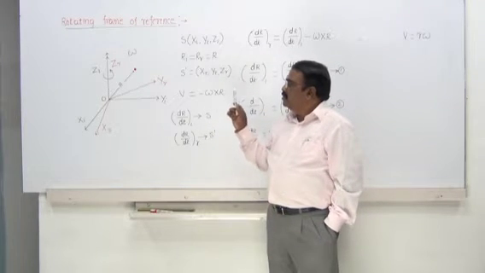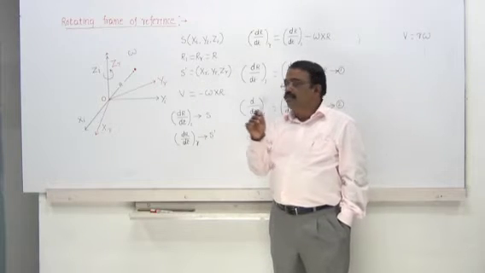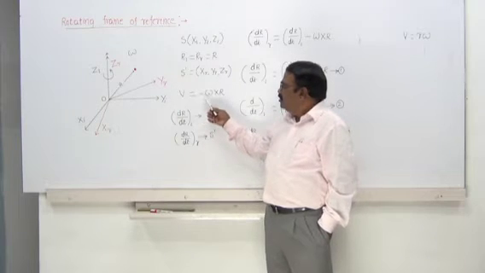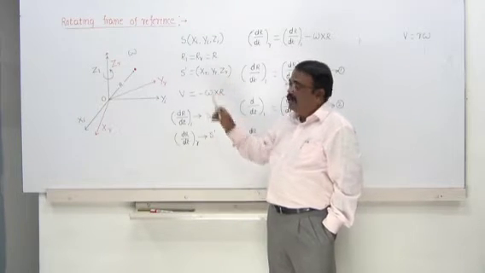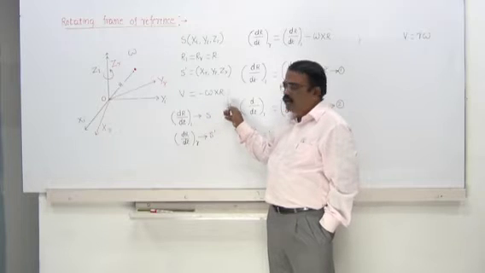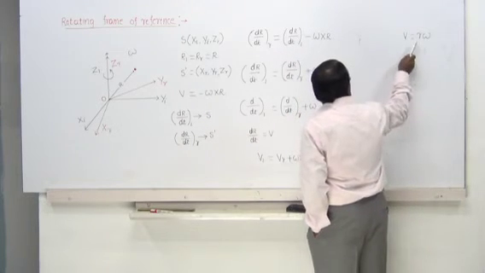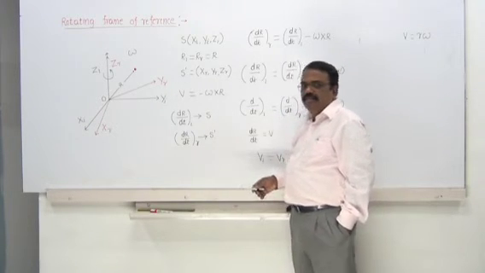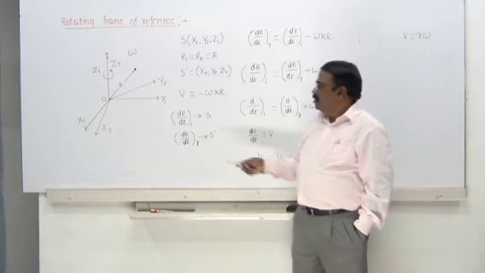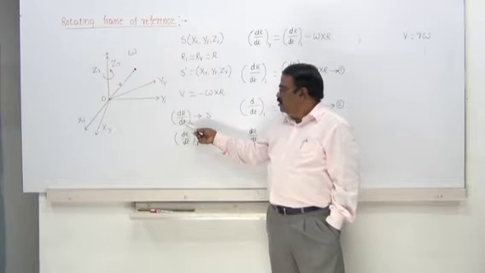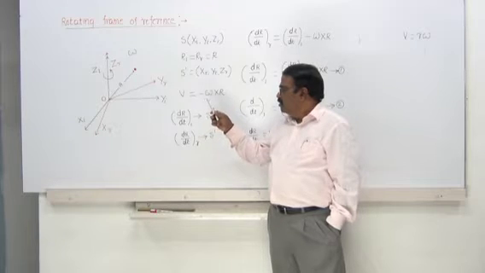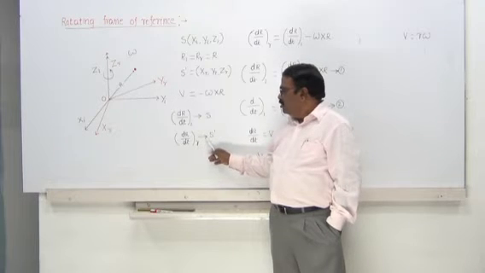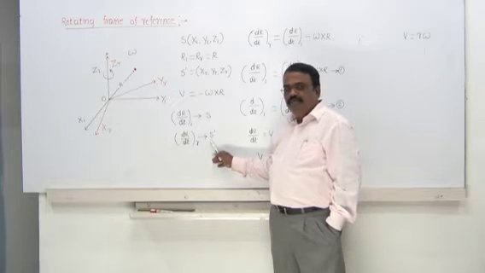Since the reference frame S dash is moving with a constant angular velocity omega, its linear velocity observed from the S dash frame is V is equal to minus omega into R. Actually it is R into omega, but since it is observed from the S dash frame, the negative sign is taken. Then dr upon dt is the linear velocity of the particle of mass m in the S frame, and dr upon dt r is in the S dash rotating frame.